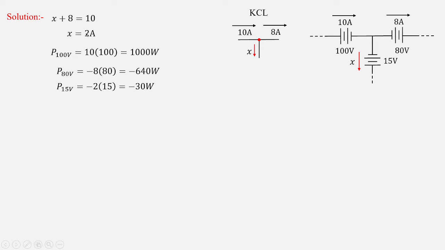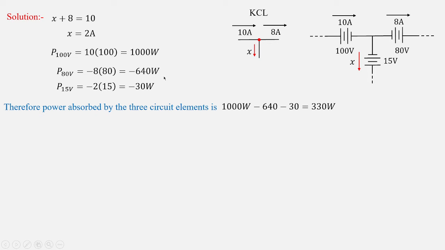That is why whatever the result we got as 2 amperes, I am taking as minus 2 multiplied with 15 volts, which will give you the value as minus 30 watts. Therefore, power absorbed by the three circuit elements is 1000 minus 640 minus 30, which is equal to 330 watts. So this is how we solve problems related to the passive elements under power calculation.